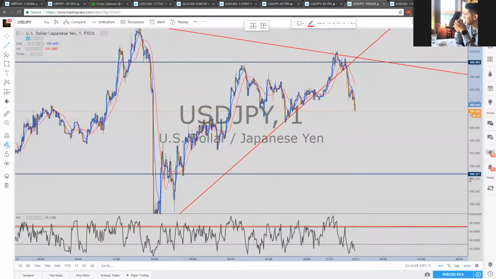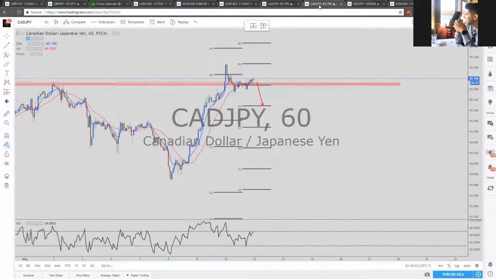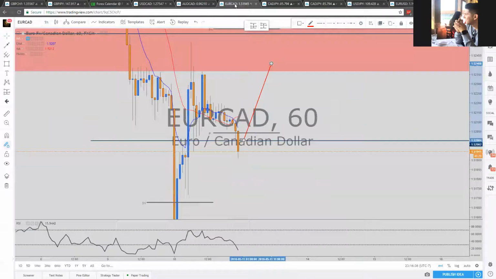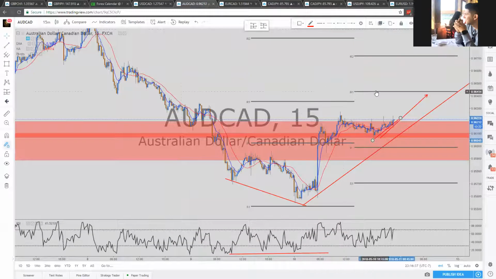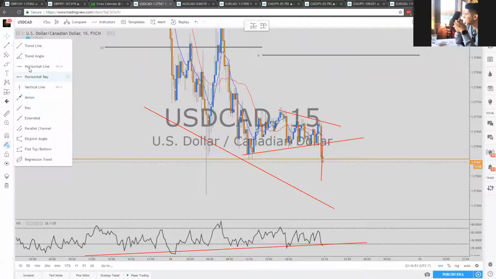Dropping nicely right now. Look at all these different pairs. So far, no signal just yet. We can see that it broke here. With this break here, it should be dropping down to somewhere around this level here.